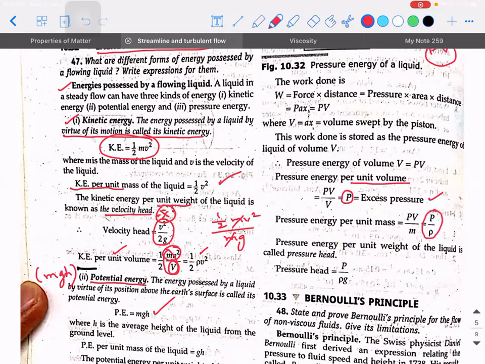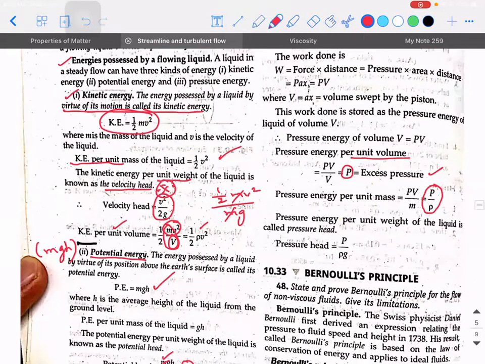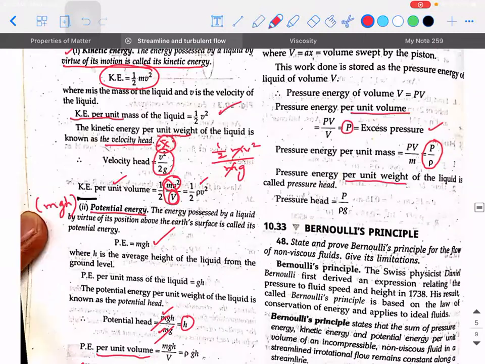Please make a note of all these points. The question can be anything. Okay. Similarly, the pressure energy per unit weight is what is called pressure head. That is given by the expression P divided by rho into g. Am I clear with all these points?